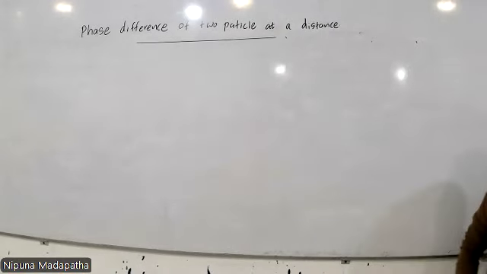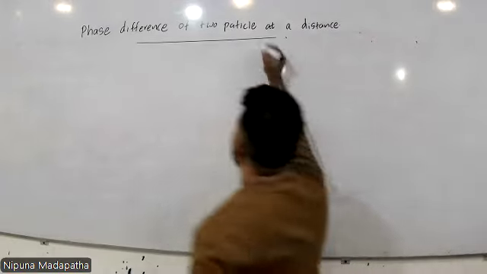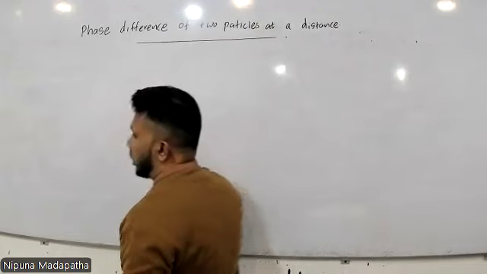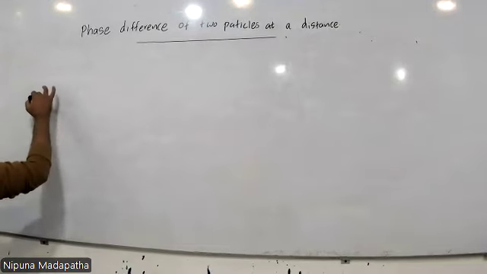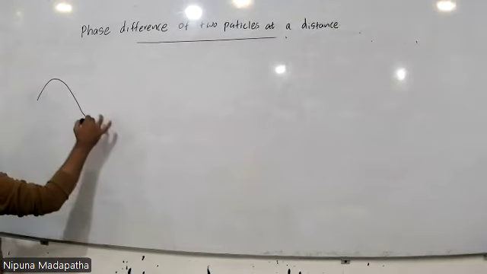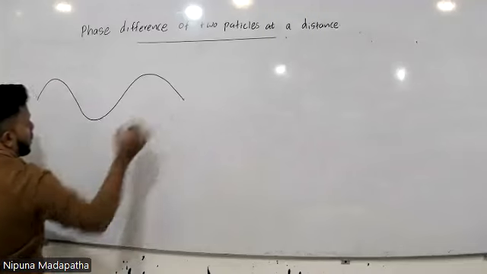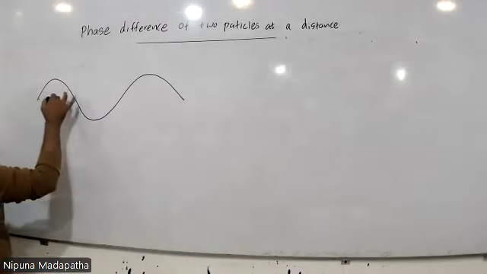So we are going to find the phase difference of two particles at some distance. Suppose it is x. So what does it mean? Here's our wave, with our wave vector.